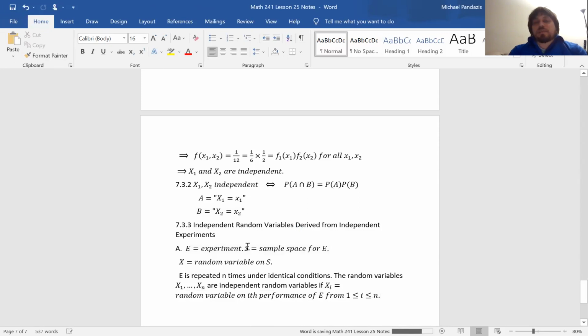So if you just repeat the same experiment n times, and X1 to Xn are their respective random variables, they're independent.